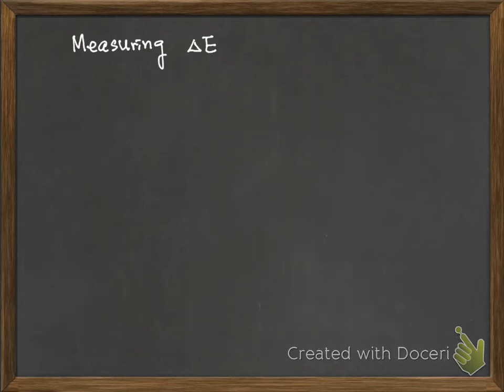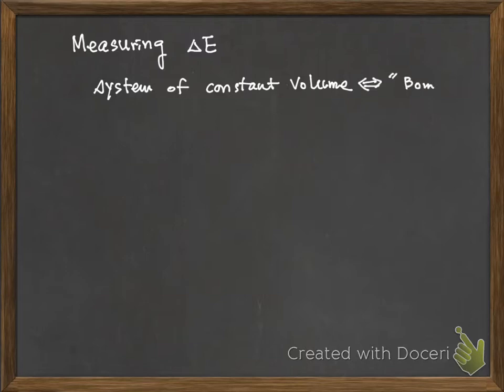So how can people measure the internal energy change? This has to do with how you define the system. There are two systems. One is a system of constant volume, also known as a bomb reactor or bomb system.